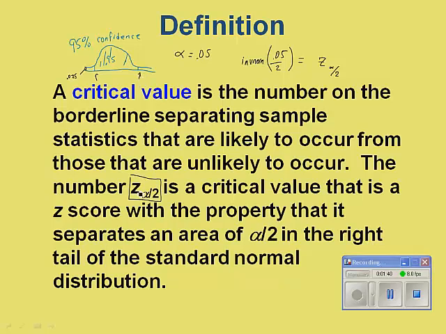And that's what they're going to call Z alpha over 2. So in the last example, our Z alpha over 2 would have been 1.96. So I think this was worth doing, not because I like the words, but I do think the idea is important, and now maybe you can understand when you read. That's okay?